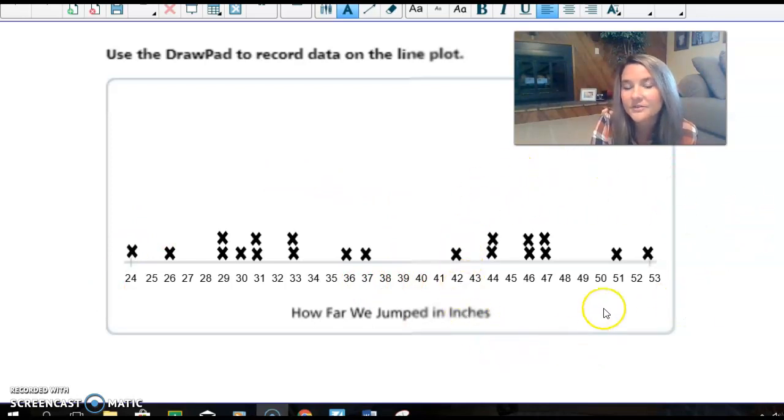The other half of the students, or the data, jumps from 42 to 53. About half, because I'm trying to total the number of students, and I would say about half.